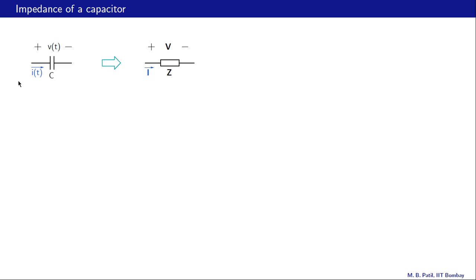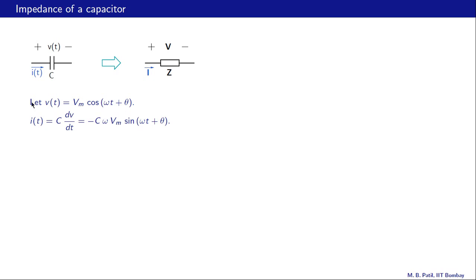Let us follow the same process now for a capacitor and find its impedance, marked as Z over here again. Okay, so let this voltage across the capacitor V of t be equal to Vm cos omega t plus theta. What is the current?